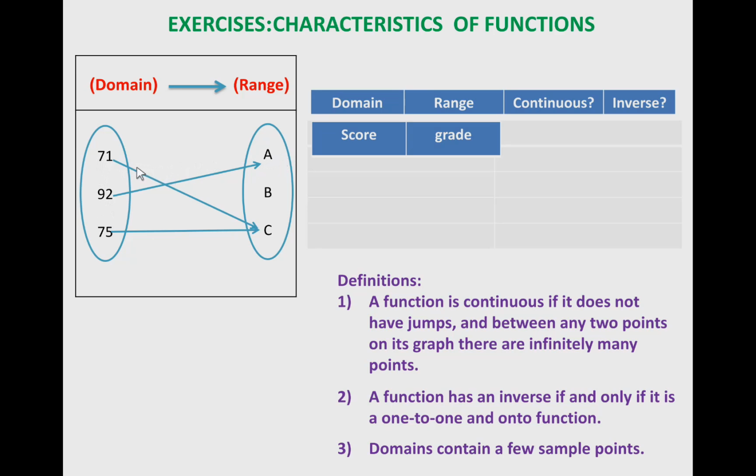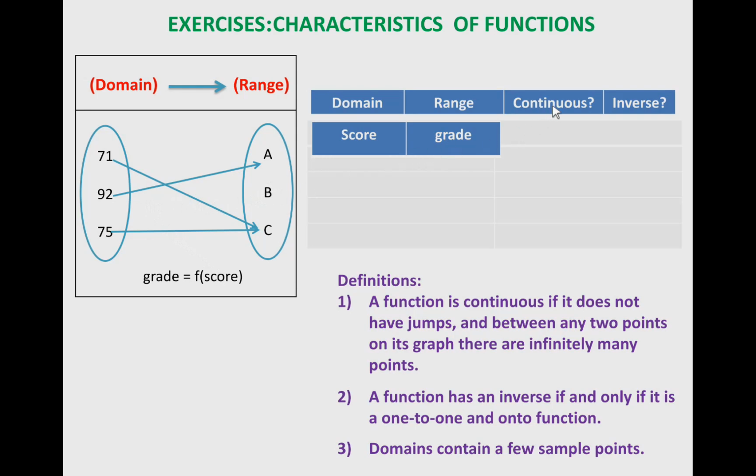We can see that 71 is mapped to a C, 75 is mapped to a C, and 92 is mapped to an A. So the grade is equal to the function of score. So f of 71 is C, f of 75 is C, f of 92 is A. And we can see that we did not map anything to the letter B in the range.